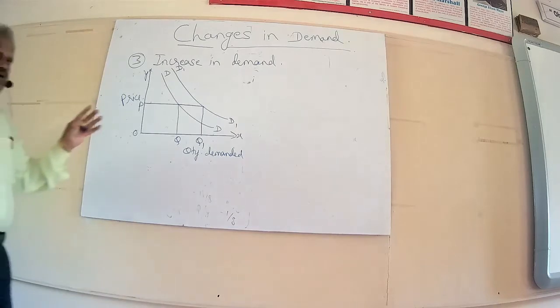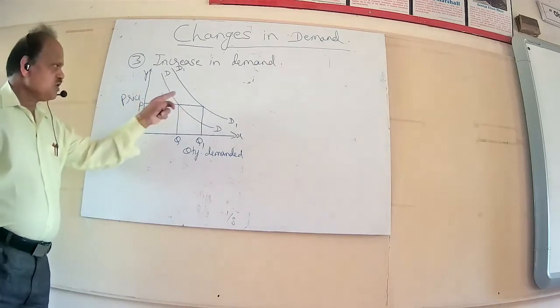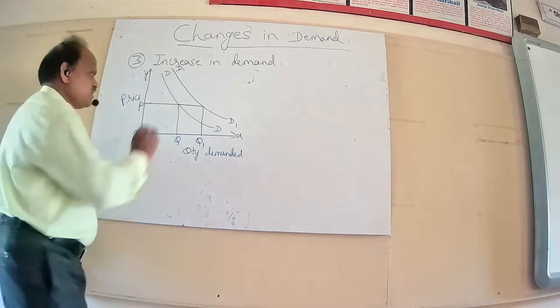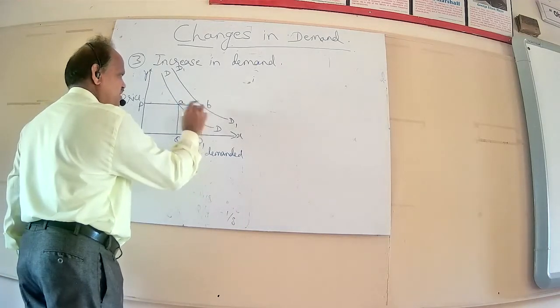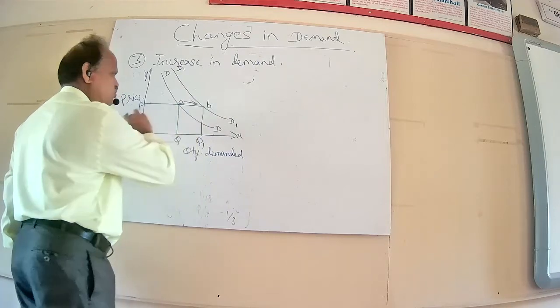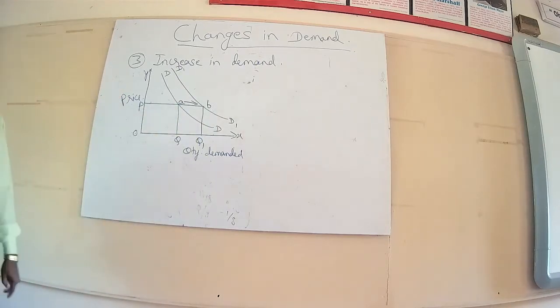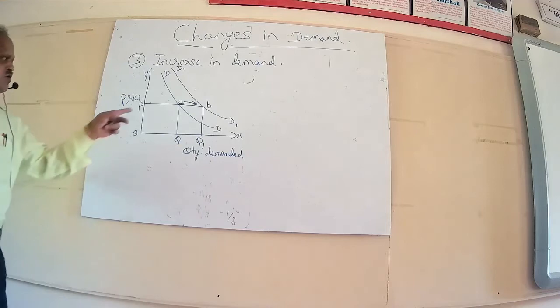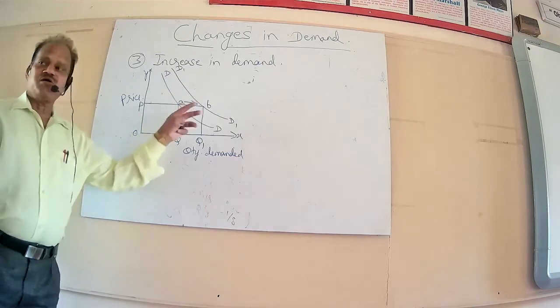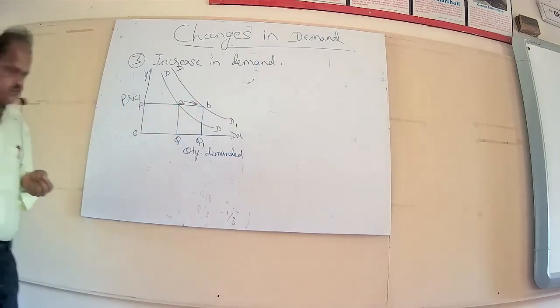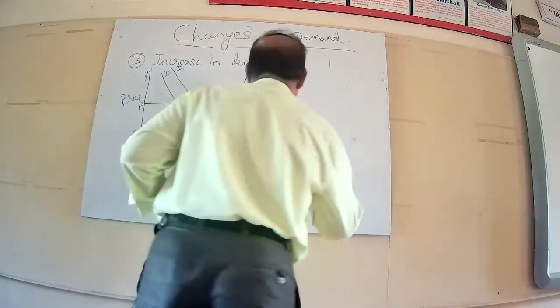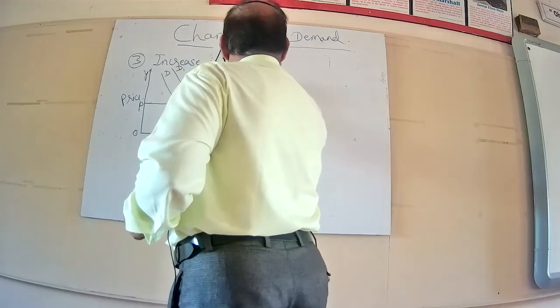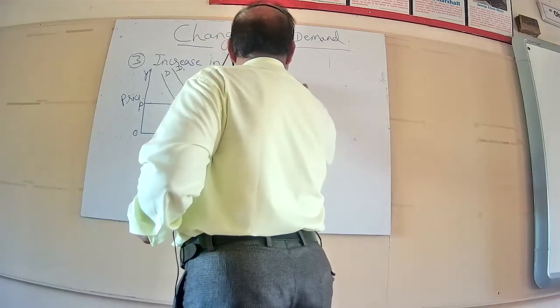The consumer will be shifted on to the new demand curve like this. Movement is from A to B, and this arrow mark shows the movement of the consumer on the newly shifted demand curve to the right. So this is increase in demand. The fourth one is decrease in demand.